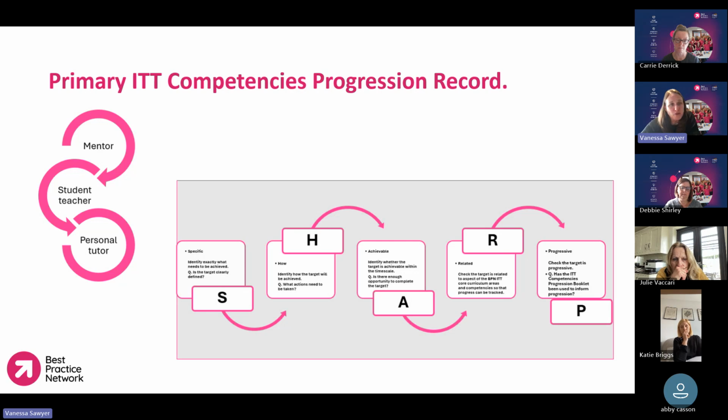And then, for example, Julie's role as lead mentor will also be QAing that and ensuring that that is happening. I'm obviously not going to go through the entire document, but that's what it looks like. There is also a video that I have done around the progression record and the sharp targets that we will also share with you.